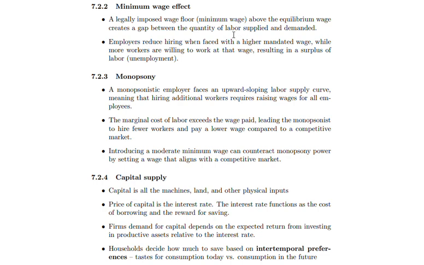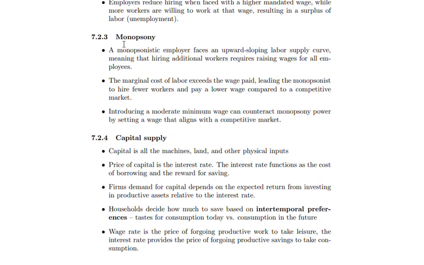That's very intuitive, because if the price rises, you don't want more. Meanwhile, more workers are willing to work at the higher wage, resulting in a surplus of labor, which is unemployment, because too many people want to work but there is not much demand.